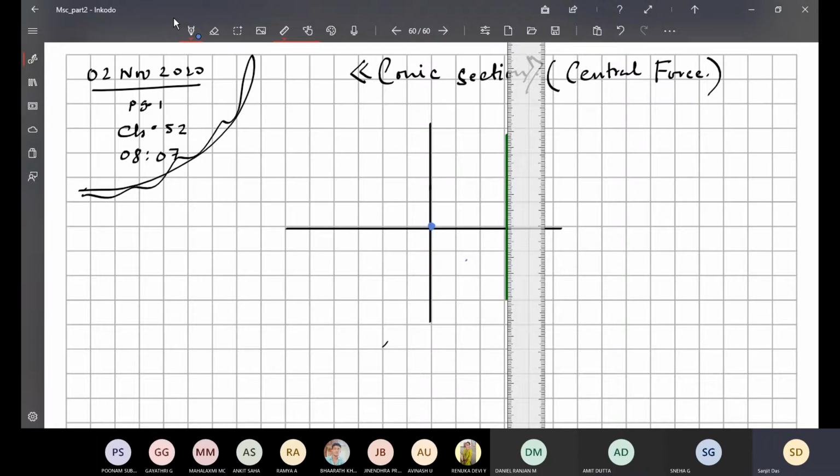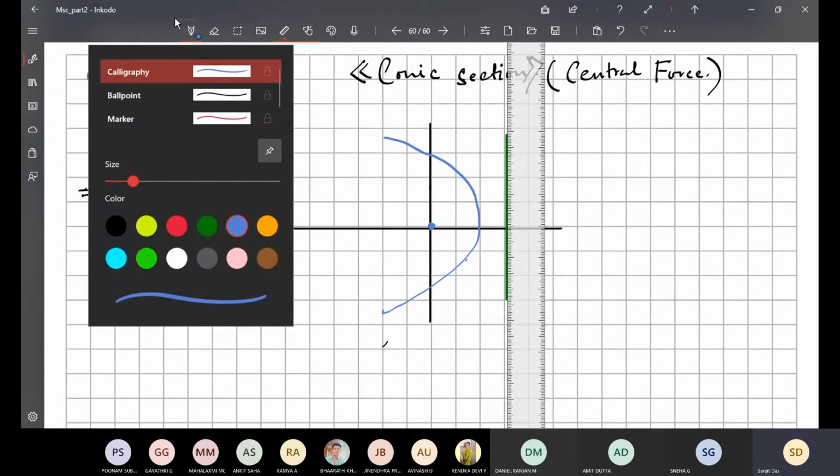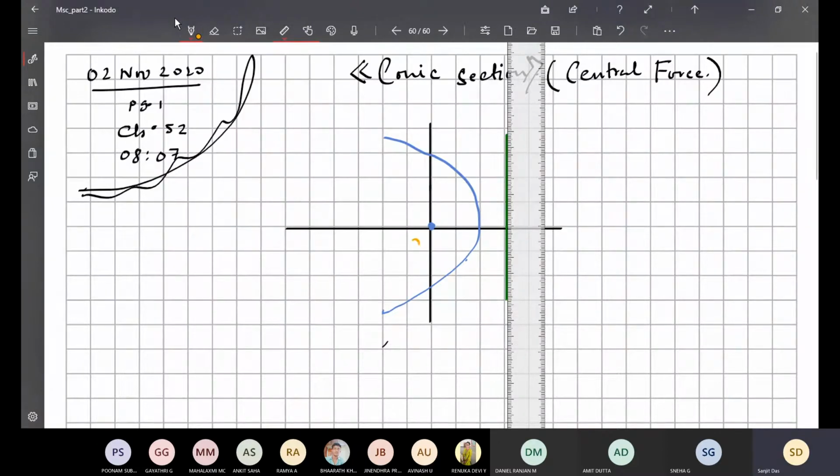So this is the center. In general, the orbit, if it is like that, this is the path or the trajectory. Then from this center, I call this center O.